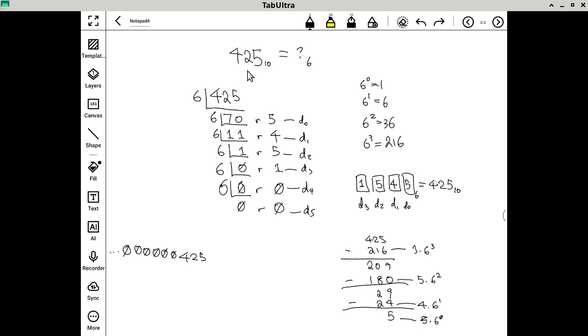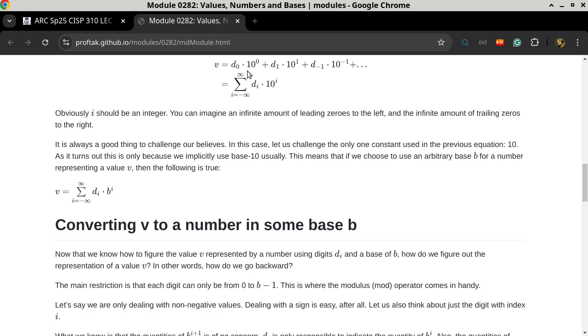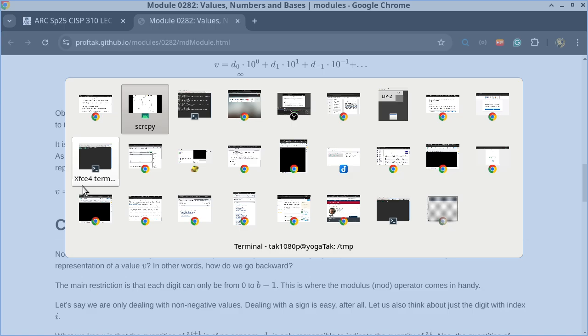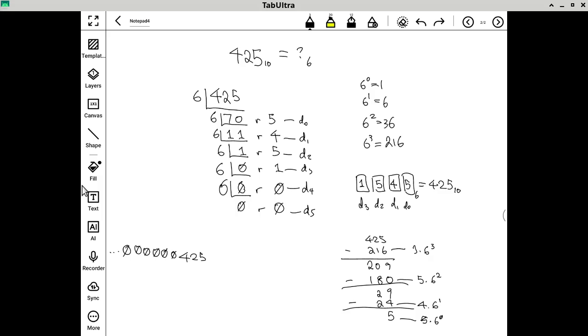Does that make sense? So when we are trying to make an equation to account for what is the value being represented by a number, we'll just go all the way to positive infinity as an integer. What about the negative side? Well, that's digit -1, which turns out to be 0. Digit -2 is also a 0.